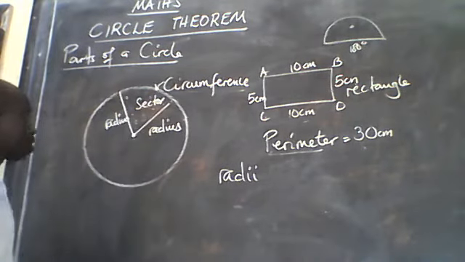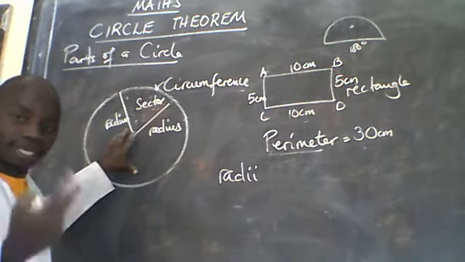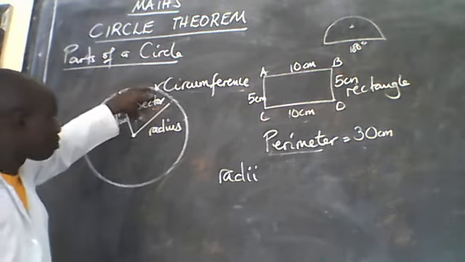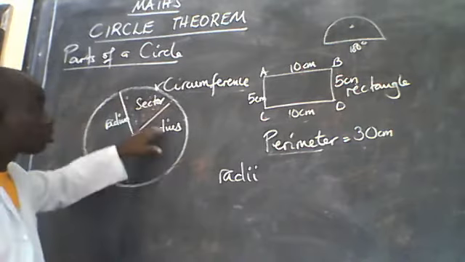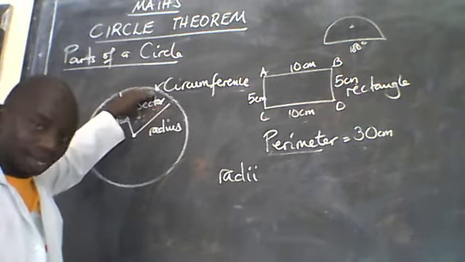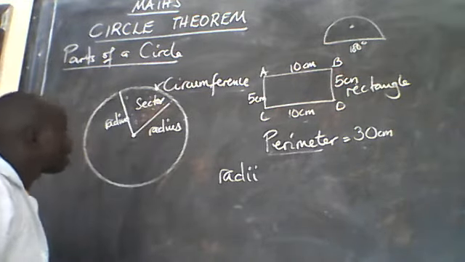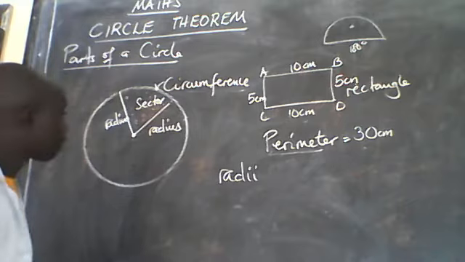In this case now, we've got two sectors: this smaller one, we call the minor sector, and the big one is the major sector.